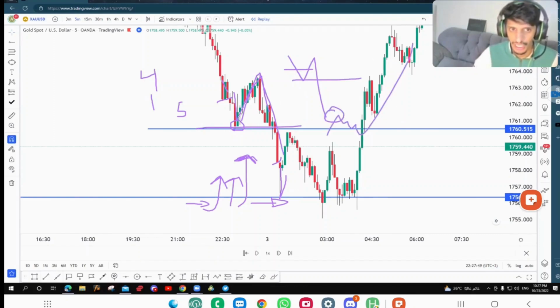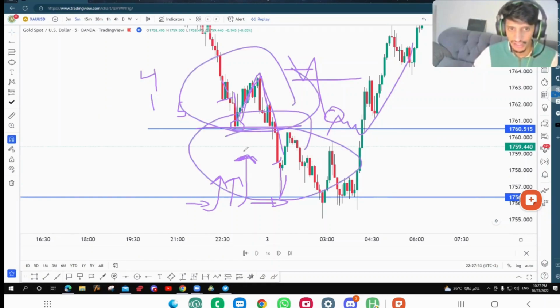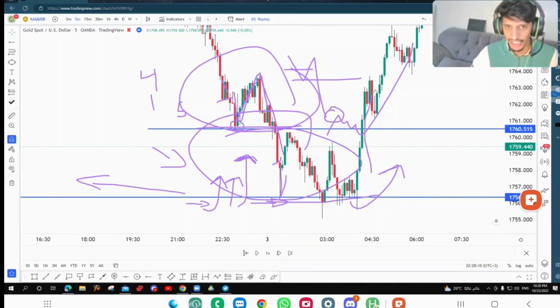Why? Because now it has cleared this level. People have taken their profits in here. Now people are buying from here, because I'm sure it's a support zone, something about 1755, 1756 psychological level, double bottom. It takes out that resistance, which was in here, and then it created another flip zone here.